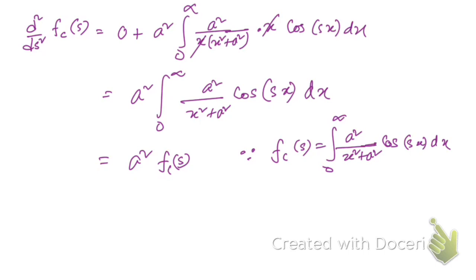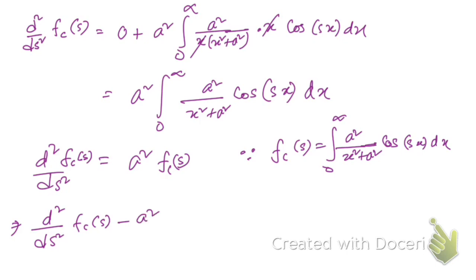Now this is the second order derivative of fc of s with respect to s, right? So we can write this one this way: second order derivative of fc of s minus a square fc of s is equal to 0.